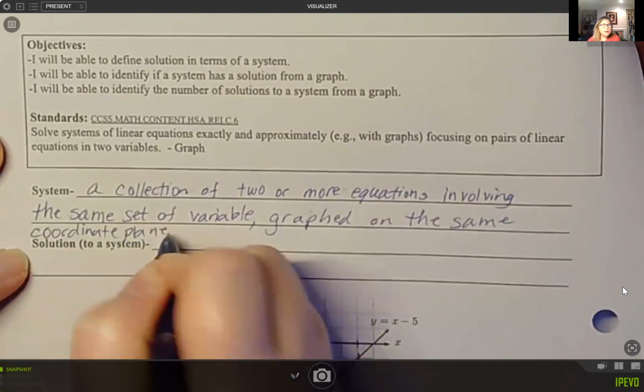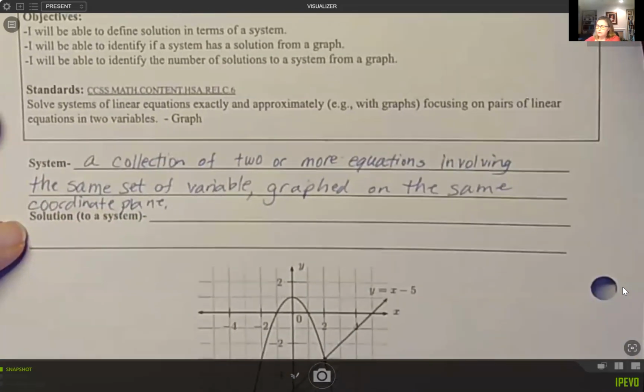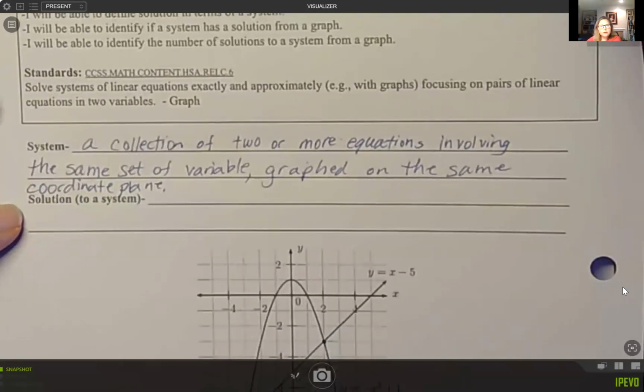Okay, and then a solution to a system is the values for each variable that work in all equations in the system.